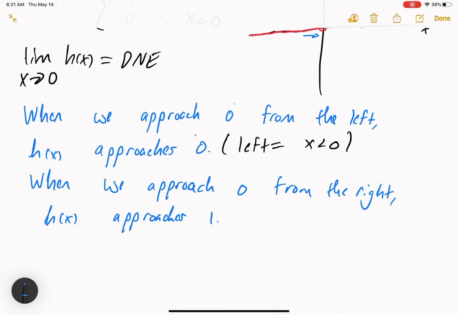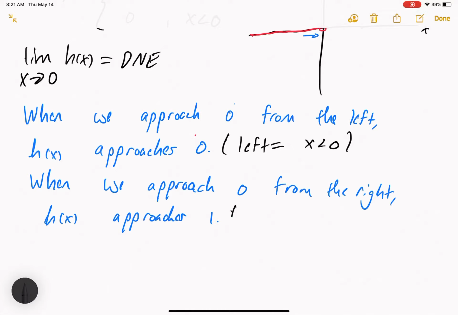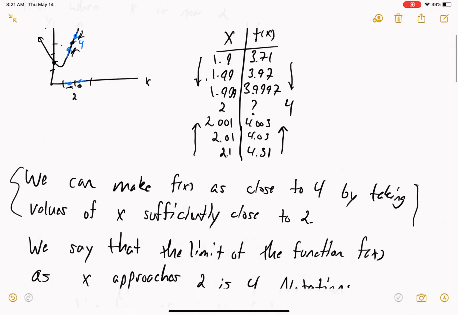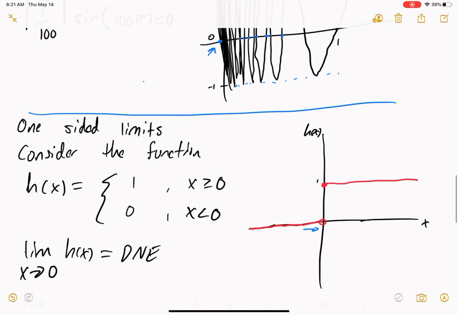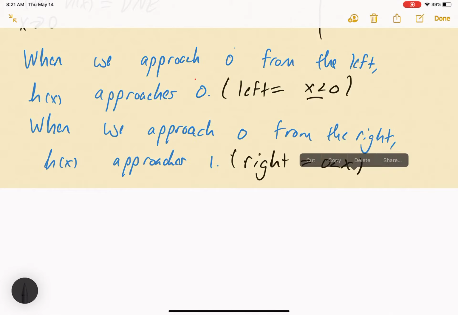And again, like the left, where we were approaching from values that were less than 0, when we say the right, we mean we're choosing x values that are greater than 0. The way we would typically write it is 0 is less than x. That way, here x is on the right of 0, and here x is on the left of 0.